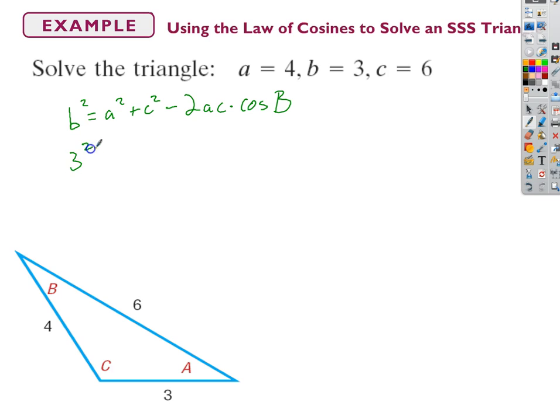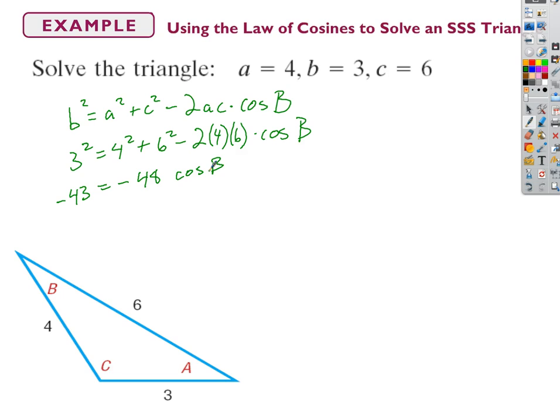So this is 3 squared is equal to 4 squared plus 6 squared minus 2 times 4 times 6 times cosine of B. So I have a negative 43 over here is equal to a negative 48 cosine of B.